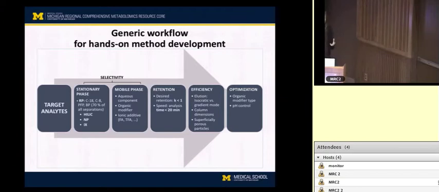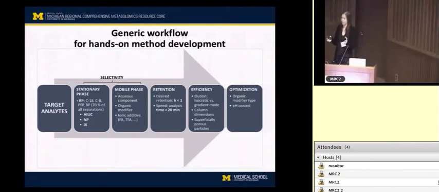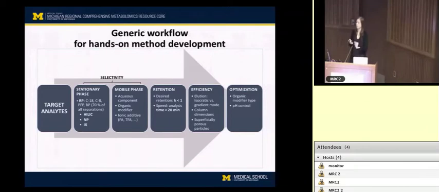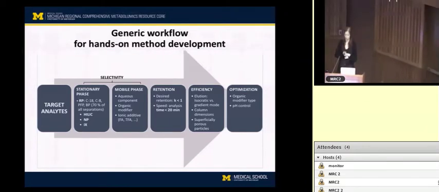And then based on that, we can create ideal selectivity by choosing a suitable stationary phase and a mobile phase that fits the properties of the analytes in the stationary phase. And once we have that set up, we can modify the retention usually by changing mobile phase parameters such as temperature, composition, buffer content, and so on.